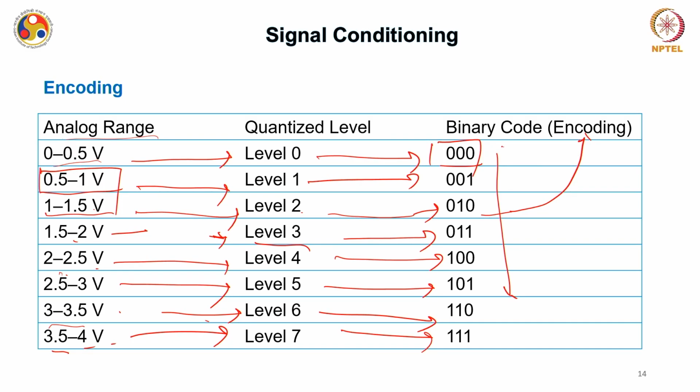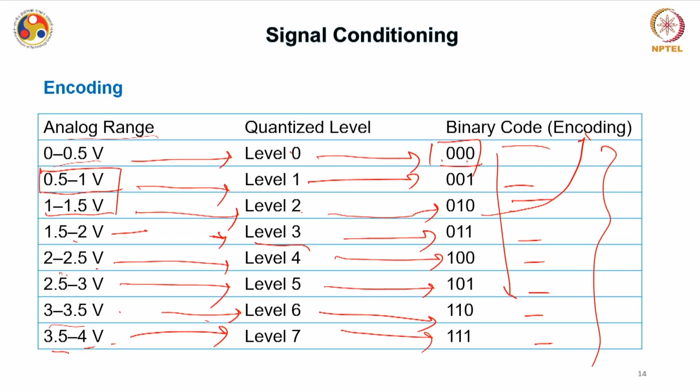So you have all together 1, 2, 3, 4, 5, 6, 7, 8 quantization levels, level 0 to level 7 coded from 000 to 111 for the analog range of 0 to 4 volt. And this is how exactly any analog to digital converter that we will see in a while works.